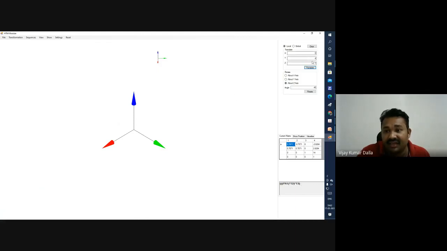And suppose now I'm doing rotation about x. See, R4 is added in this sequence of multiplication. So can we visualize all these things?